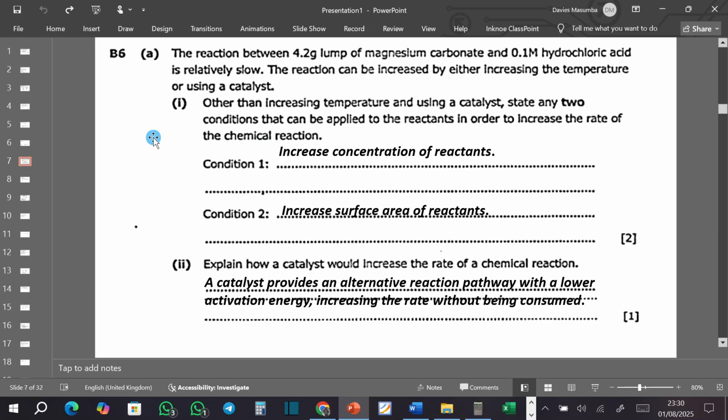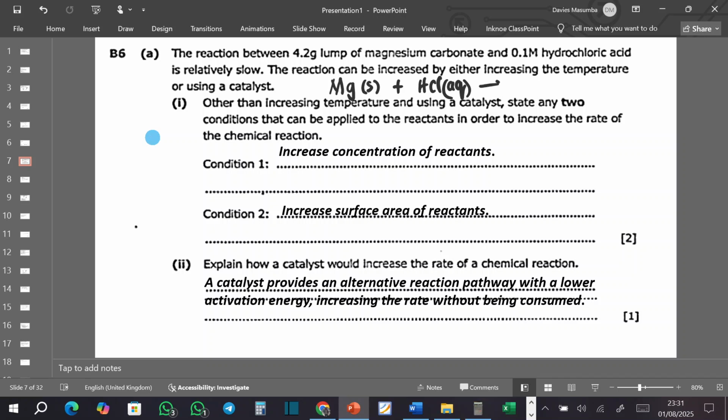Okay, so they're saying apart from what they've already helped you here with, you state any other 2 conditions that can be applied. Like you have magnesium, a solid, reacting with hydrochloric acid, which is aqueous.